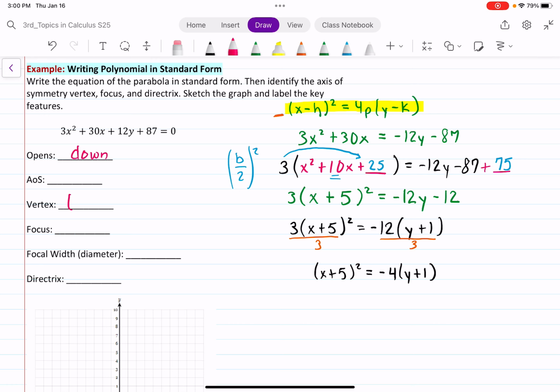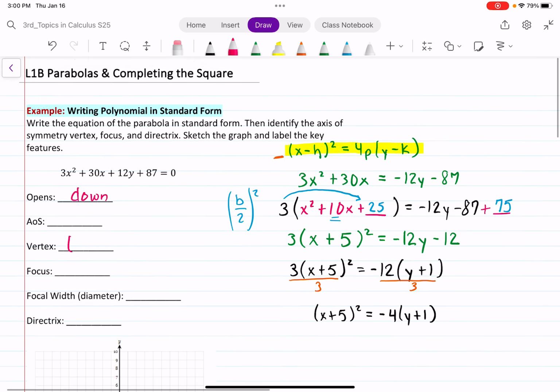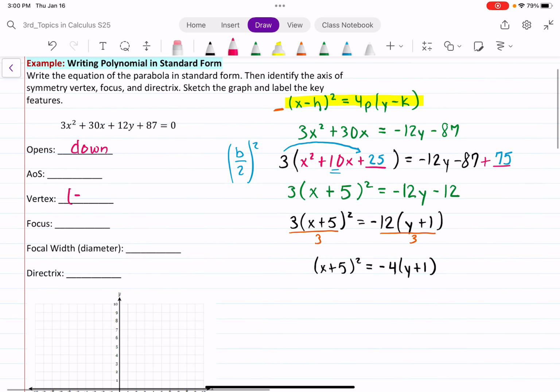Our vertex is our h comma k, so that's negative 5, negative 1. Our focus, well, we have to find our p-value. Our 4p equals negative 4. So that means our p-value equals negative 1.